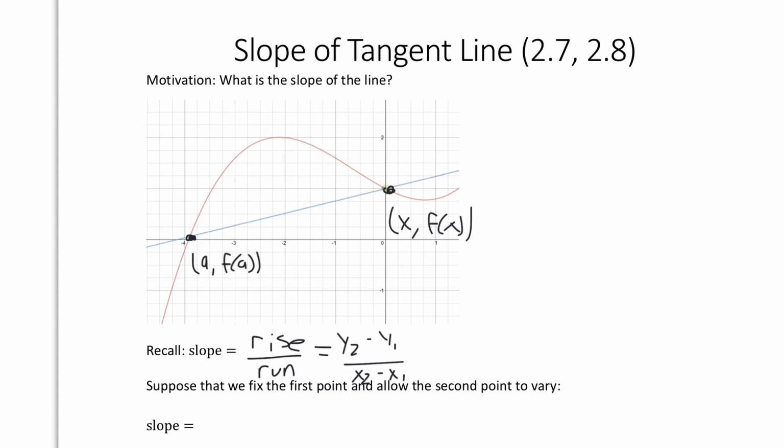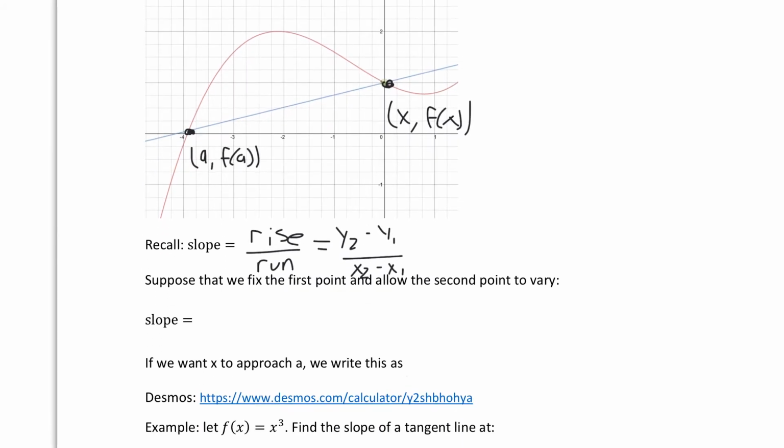So the slope formula would then be the same thing, y2 minus y1 over x2 minus x1. But the x1 and the x2 are now x and a. So the slope would be equal to y2, which is f of x, minus y1, which is f of a, over x2, which is x, minus x1, which is a.